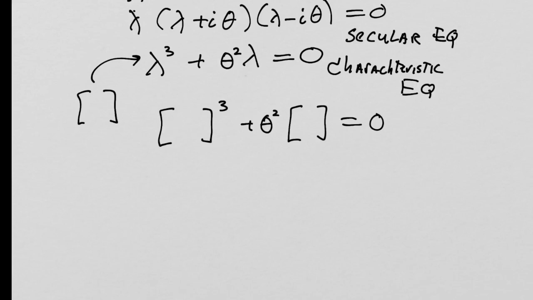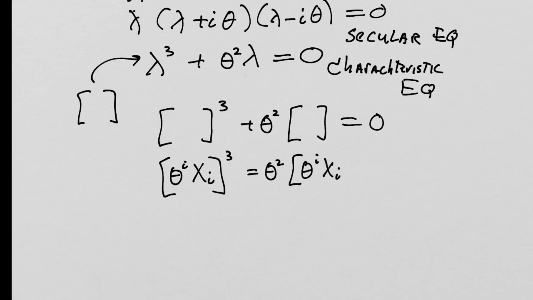That's actually pretty important, because our matrix we're going to call theta I xi. So theta I xi cubed equals theta squared theta I xi, or wait a minute, equals minus that.